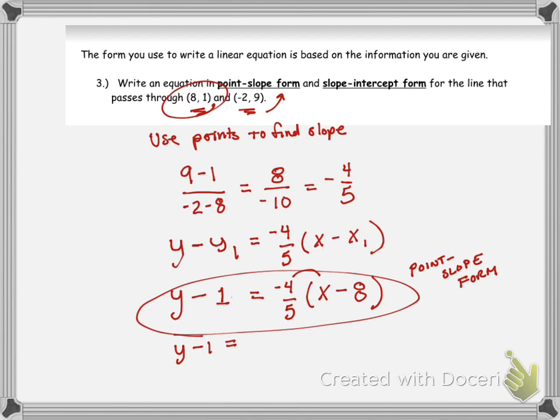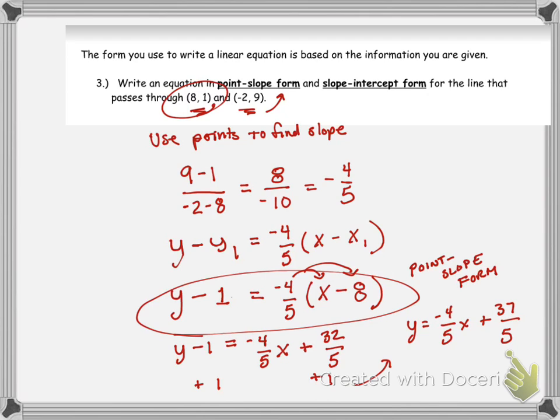We want to distribute the negative 4/5, and we just add 1 to both sides. And you might get that in decimal form, and that is fine as well. But this is slope intercept form.